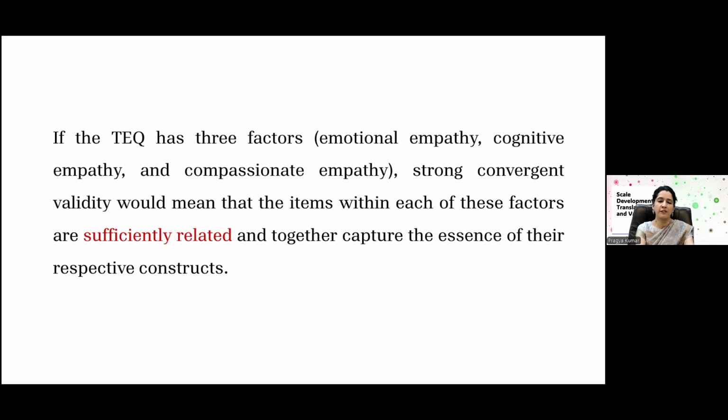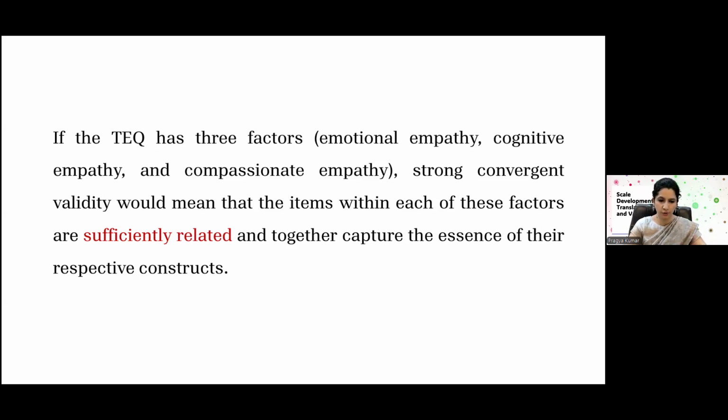A very strong convergent validity would mean that items within each of these factors are sufficiently related to each other, and together they capture that particular construct. That means all the items measuring emotional empathy are measuring emotional empathy, all items measuring cognitive empathy are measuring cognitive empathy, and similarly compassionate empathy.